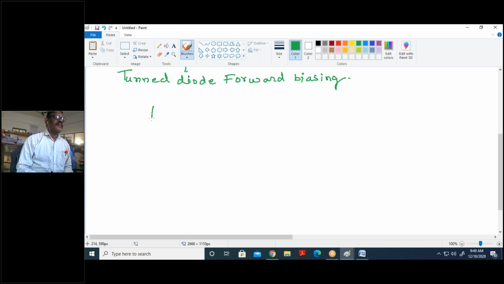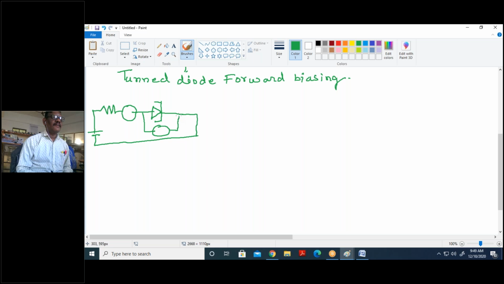Okay, tunnel diode equivalent symbol like this. In forward bias, one resistor, ammeter in series, anode connected to positive potential, negative connected to cathode, and voltmeter across junction, ammeter positive potential, negative, voltmeter positive, negative connected to cathode.